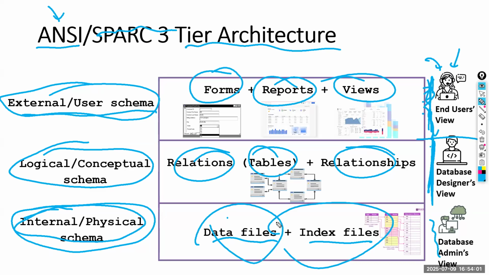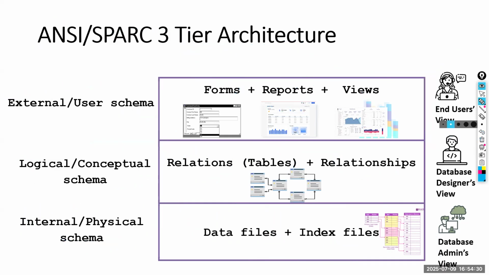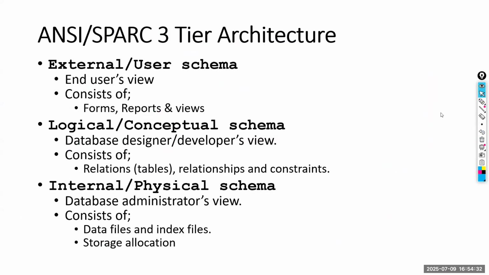Performance improvements are mainly done by changing these file structures, indexes, and so on. So this is called the ANSI three-tier architecture. Now, is it clear? The lower layers support the upper layers, because ultimately the end user is interested in the top layer, but it cannot exist without the lower layers. External layer, logical layer, internal or physical layer.